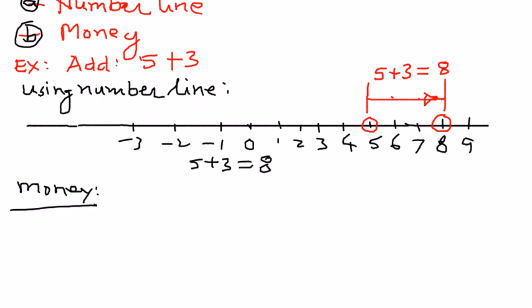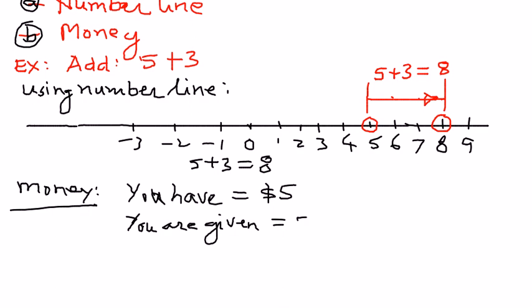Let us say you have $5 with you, and you are given $3. You're adding $3 to what you have. So if I give you $3, and you already have $5, we are adding $5 to the $3, and therefore the total is going to be equal to $8.